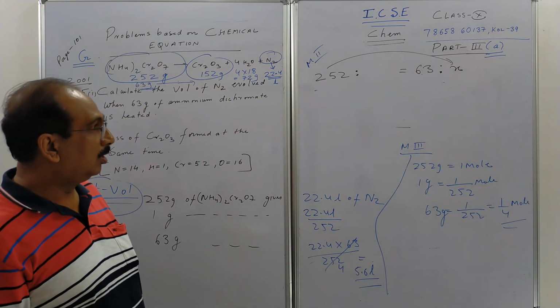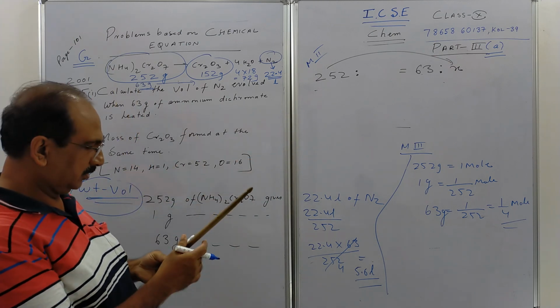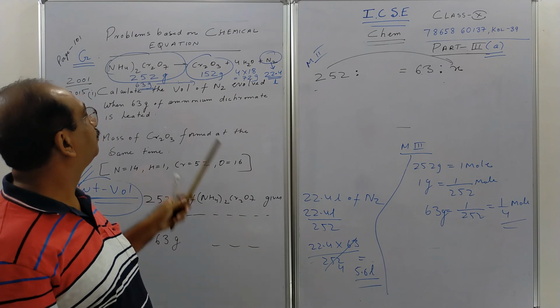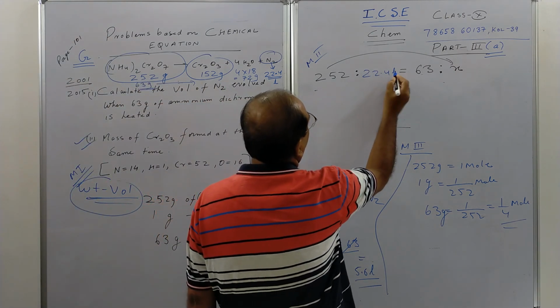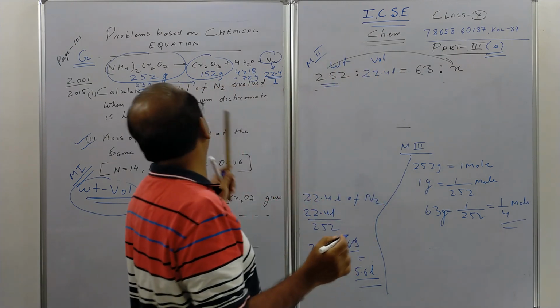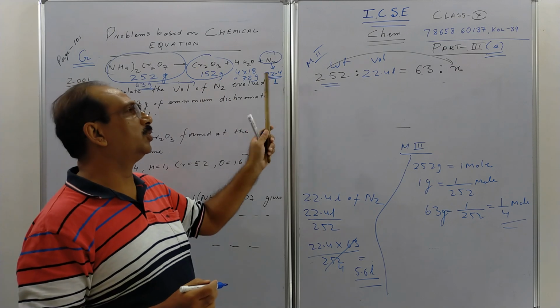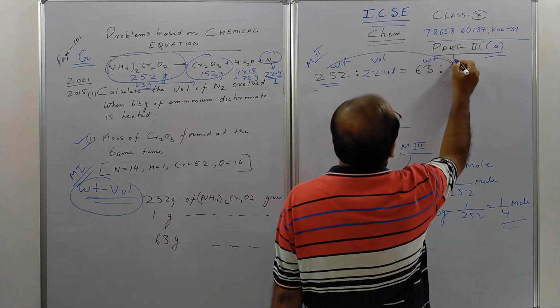Now the same question if I use the ratio method. 252 gram gives you 22.4 liter. I write with blue: weight, volume. 252 gram of ammonium dichromate gives 22.4 liter. 63 gram will give you how much? This side also weight, we will get volume.